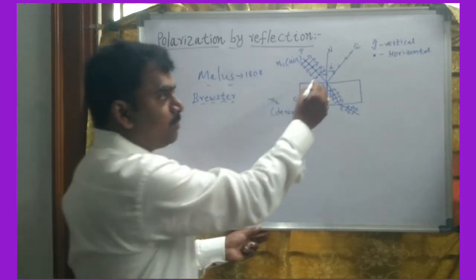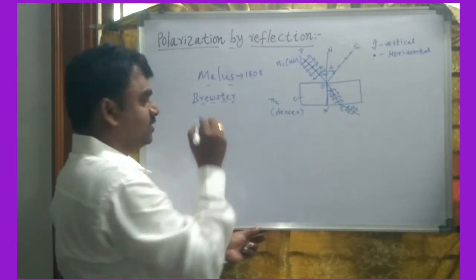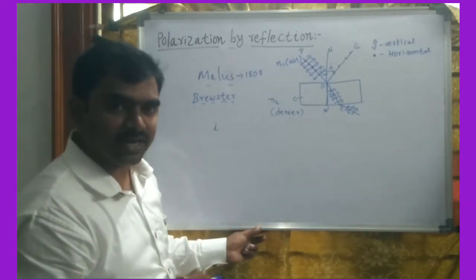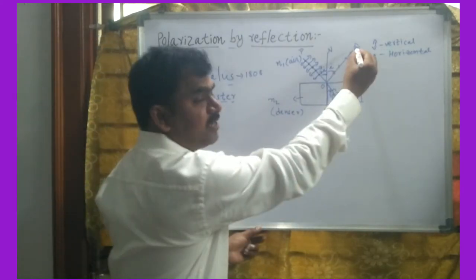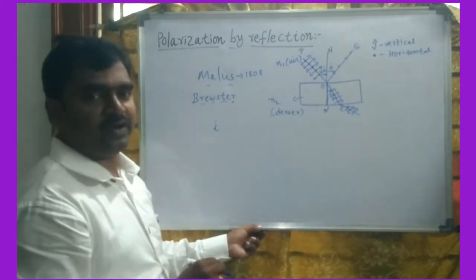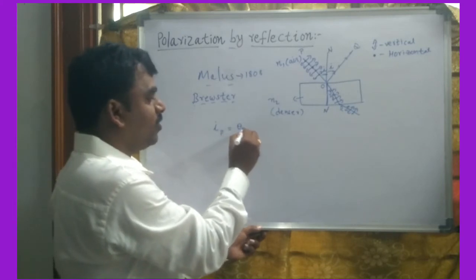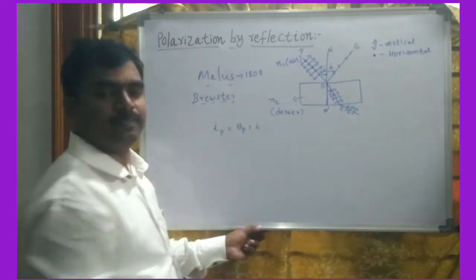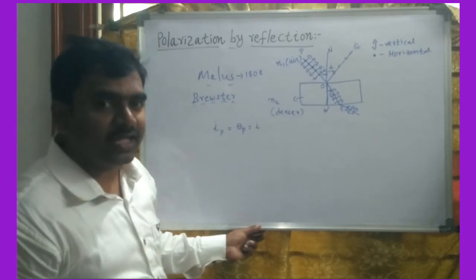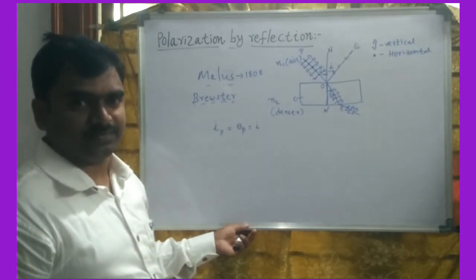At a particular angle of incidence, the reflected beam is perfectly plane polarized. That angle we are calling the angle of polarization.